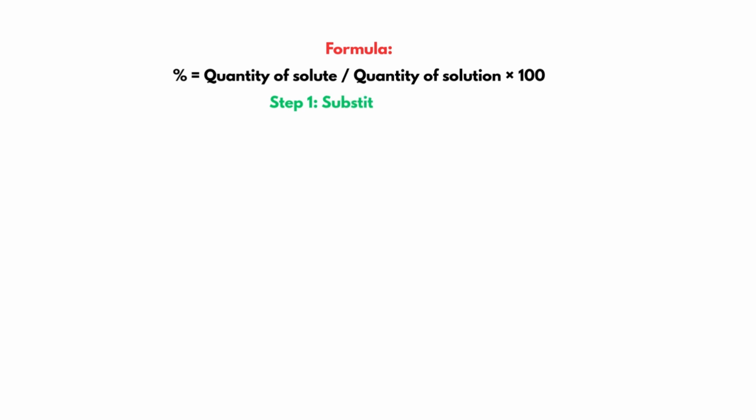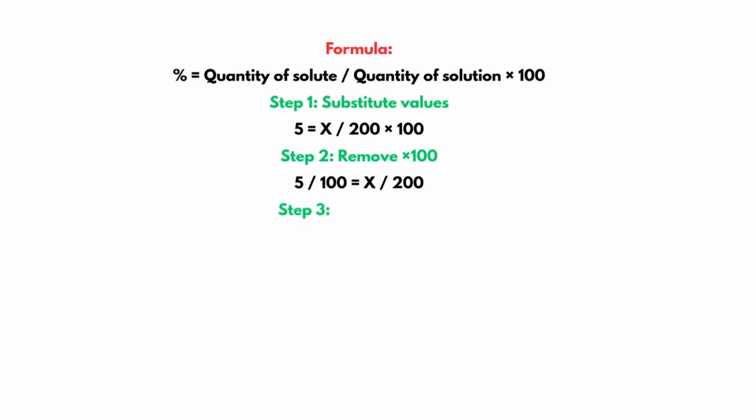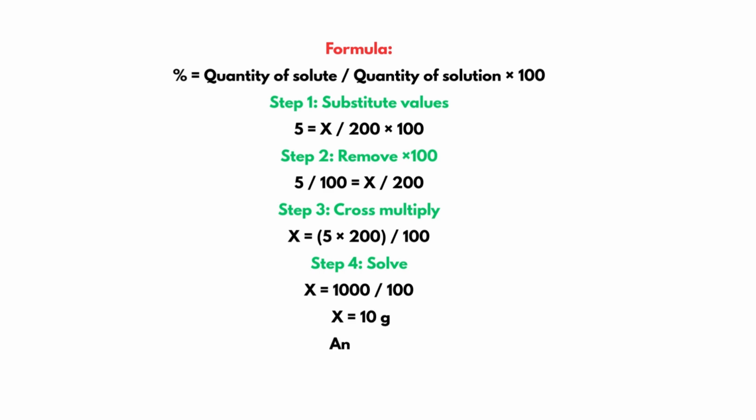Then substitute the values. In place of percent, you write 5. In place of quantity of solution, you write 200 gram or 200. Then you calculate. After calculation, you will get 10. So 10 gram of drug is required to prepare 200 gram of 5% weight by weight ointment.